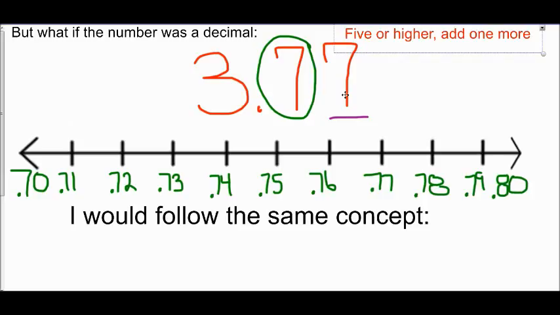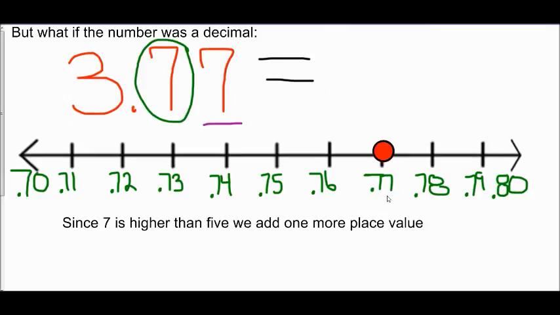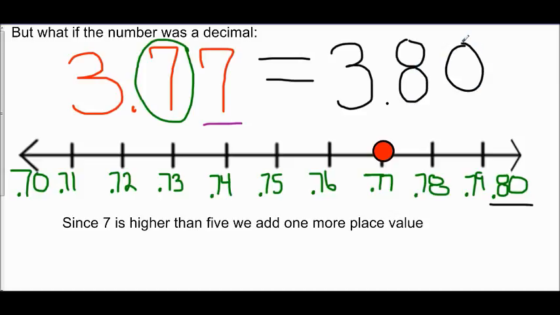Since this is 7, it's 5 or higher and I add one more. If I find it on my number line, here's 77 hundredths. I know that I'm going to round up because 7 is higher than 5. So I know that my answer, since I'm going to round up and this is the last number on my number line, has to be 3 and 80 hundredths.